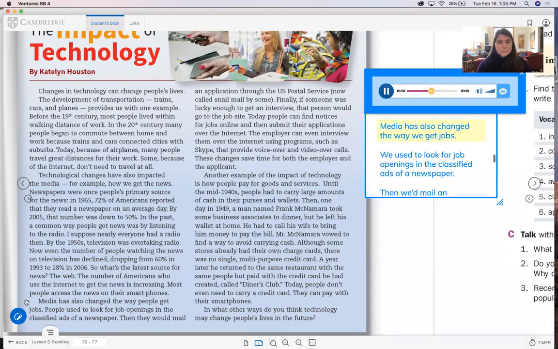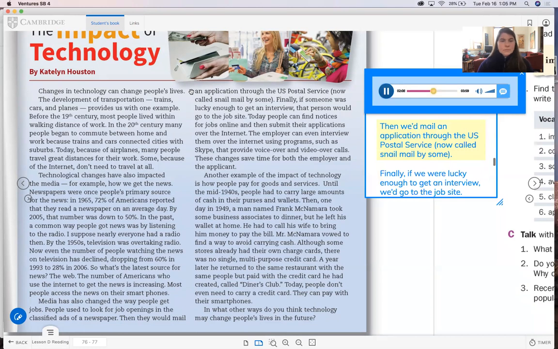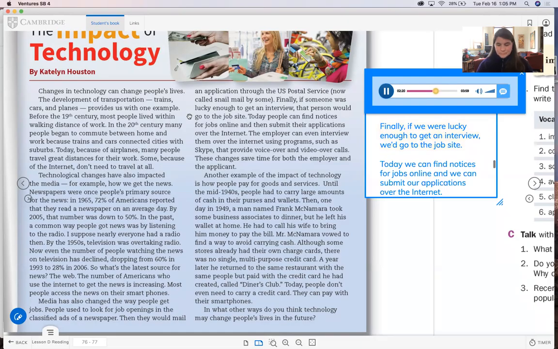Media has also changed the way we get jobs. We used to look for job openings in the classified ads of a newspaper. Then we'd mail an application through the US Postal Service, now called snail mail by some. Finally, if we were lucky enough to get an interview, we'd go to the job site.